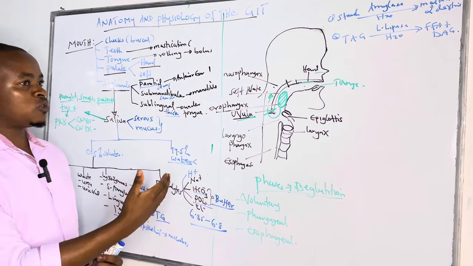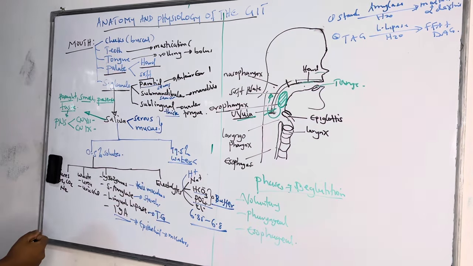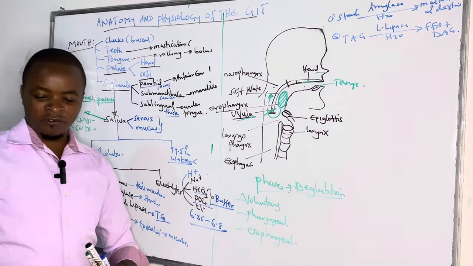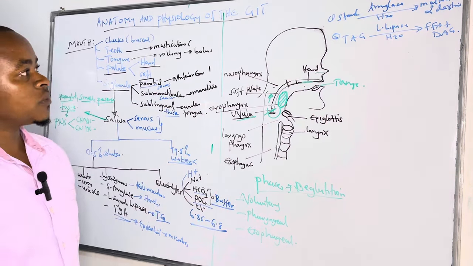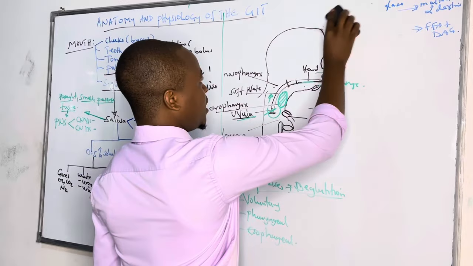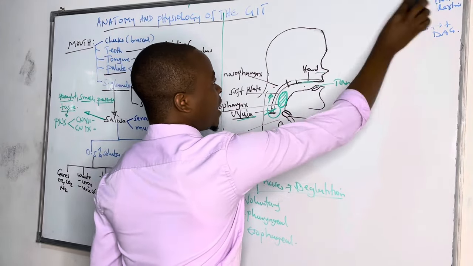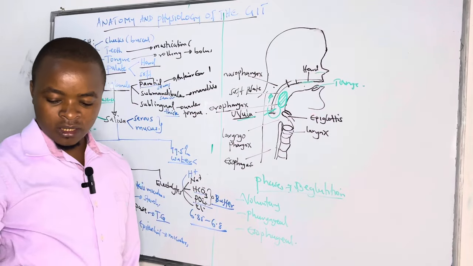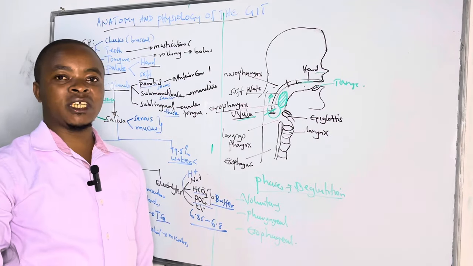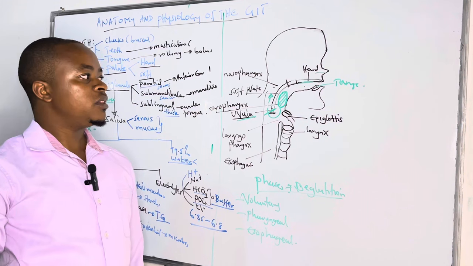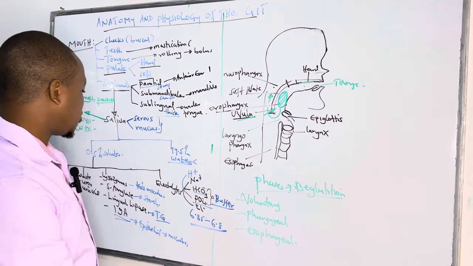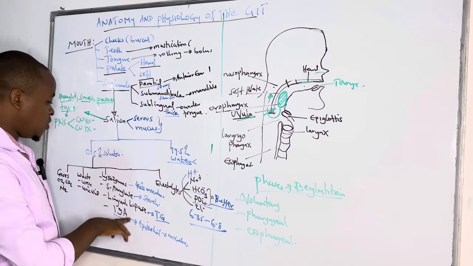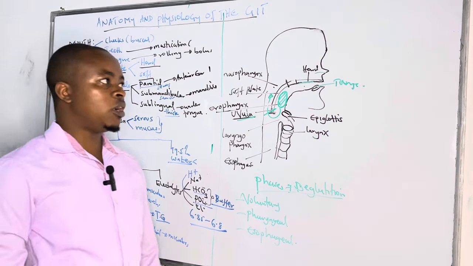The next thing we want to look at is swallowing. We want to see how the food, after being rolled to form the bolus, and after being worked on by both mechanical digestion, by the tongue and the teeth, which are the accessory organs in the mouth, and chemical digestion, by the action of lysozymes, amylase, and lingual lipase, is swallowed.